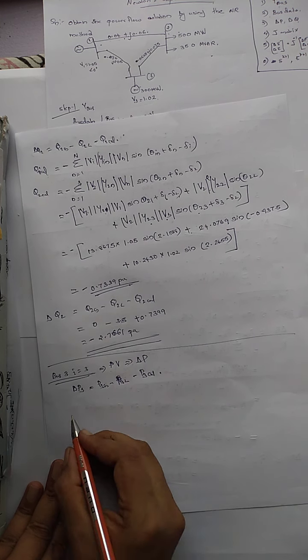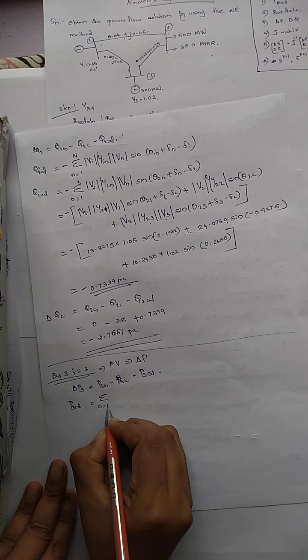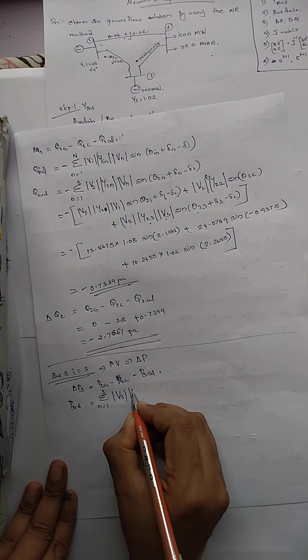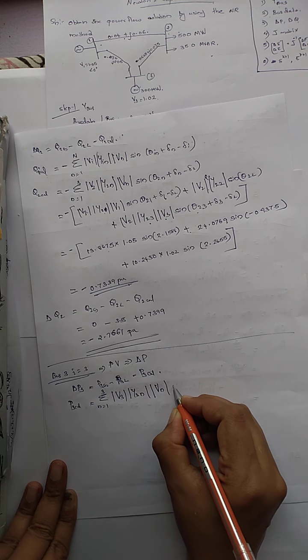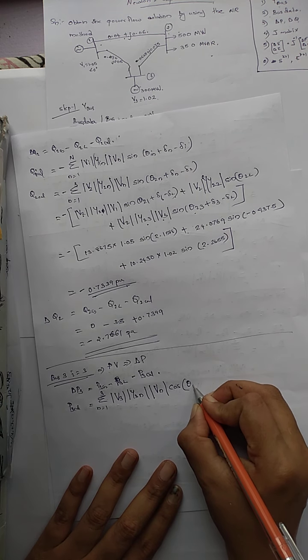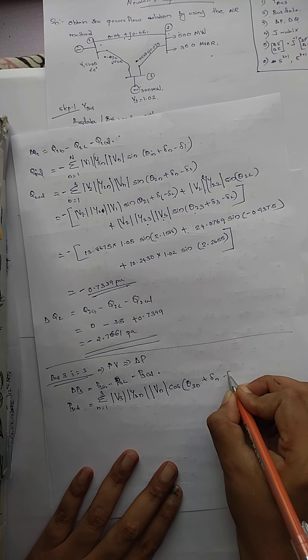P3 calculated is equal to the sum from n equals 1 to 3 of V3 Y3n Vn cos of theta 3n plus delta n minus delta 3.